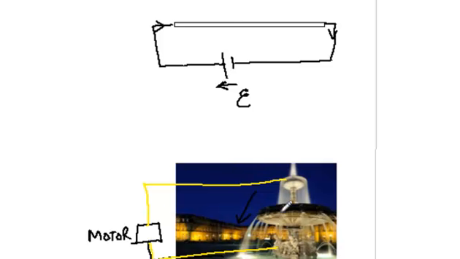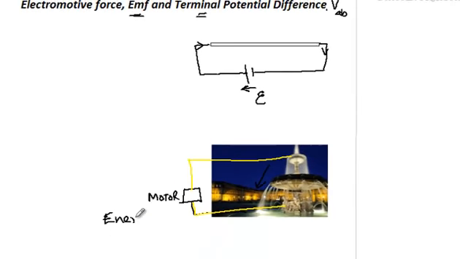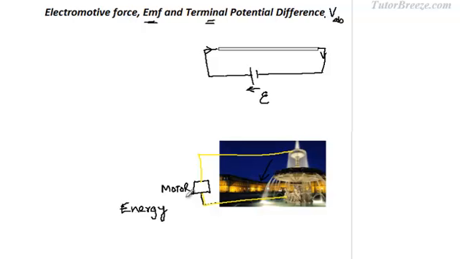Now, in this cycle, we have a motor, a pump which is using electrical energy, which means energy is expended. So you have a source which is providing energy to the water and lifting it to a height.